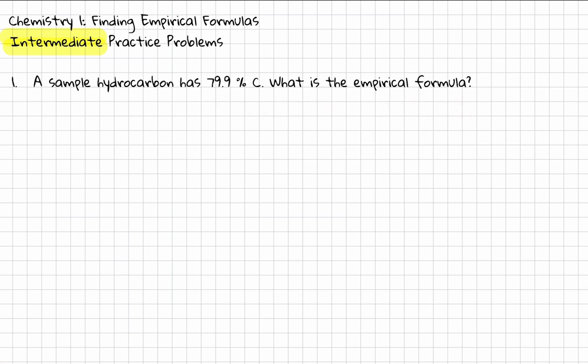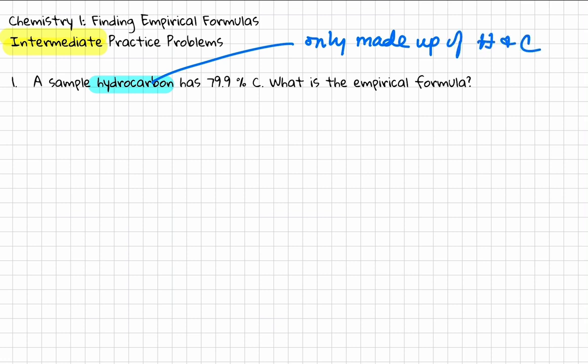This one is not direct, so that's why I considered it intermediate, because one thing that you need to be able to complete this problem is the knowledge of what a hydrocarbon is. A hydrocarbon means that the compound is only made up of hydrogen and carbon.